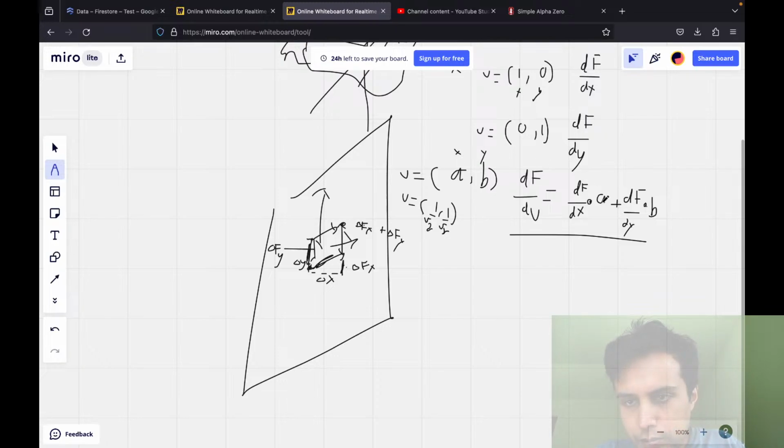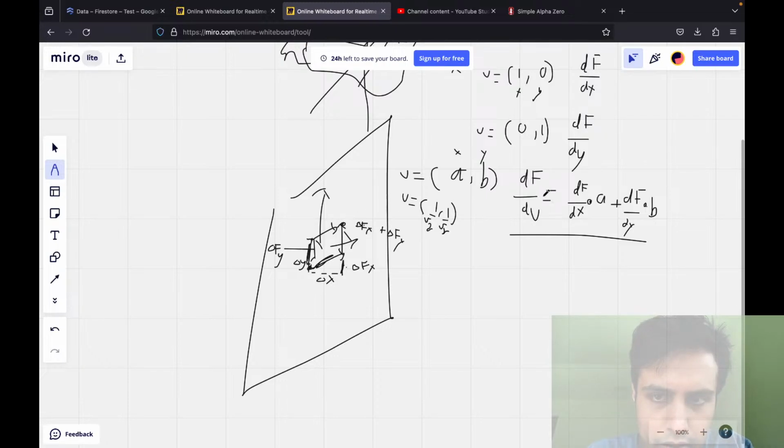Well, I shouldn't say a steps because we're making this vector a, b converge to an infinitesimal, a super tiny amount. But let's pretend we get a steps in this direction, so we get this much contribution to the change, and then we take b steps in the y direction and we get that much contribution. So in total, that's the sum of it.